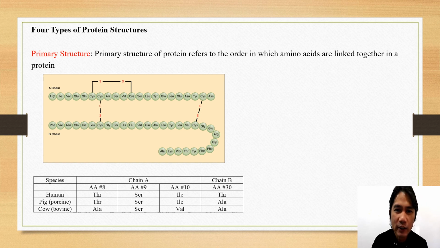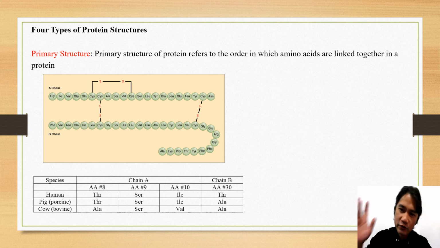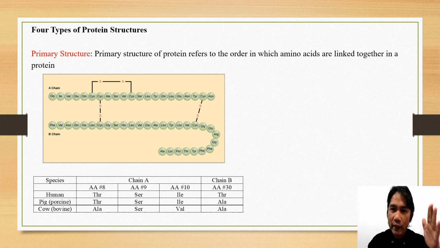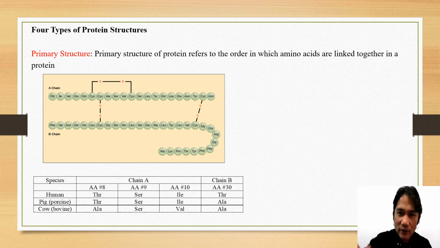And remember that when we identify the sequence, we begin from the N terminal to the C terminal. I explained to you already that the N terminal amino acid residue is the amino acid residue that has a free amino group, whereas the amino acid residue at the C terminal is the amino acid that has a free carboxyl group.